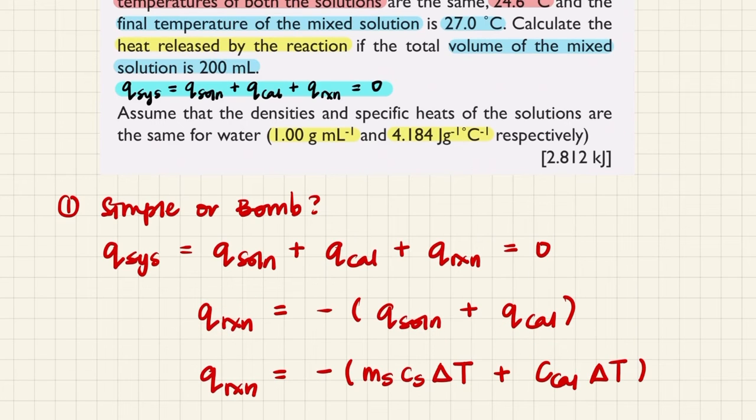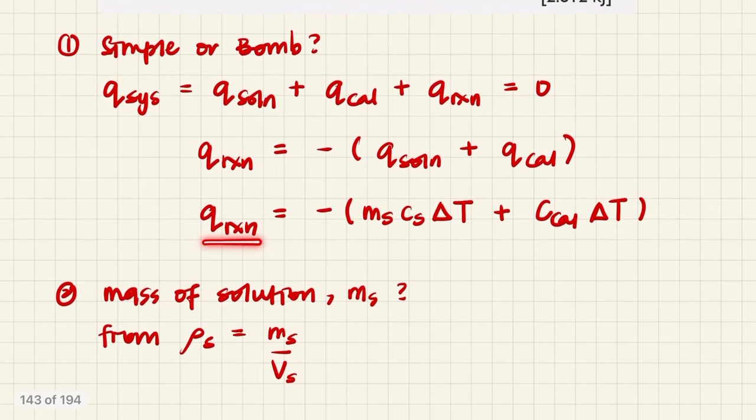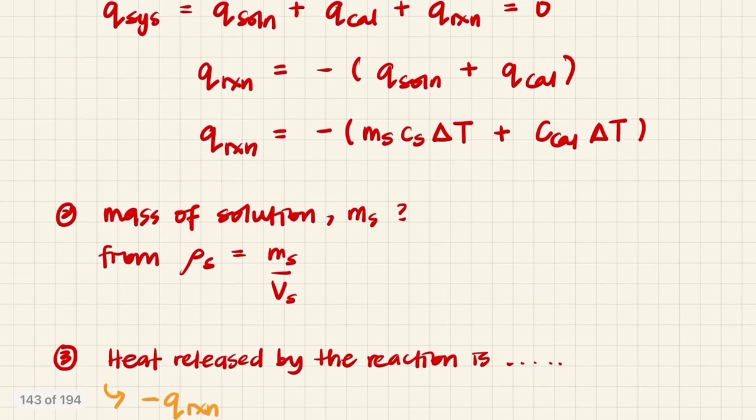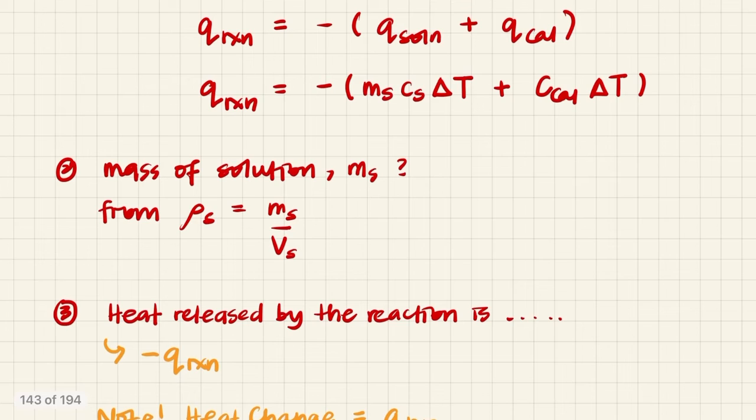For the solution, you will use MC delta T. For your calorimeter, you will use C cal delta T. Remember, you have negative here because this will be heat change. Note that.